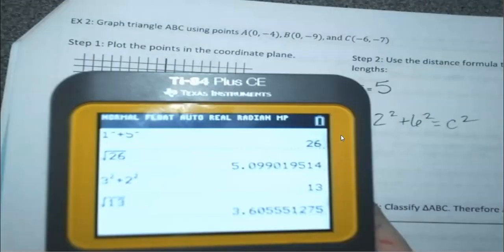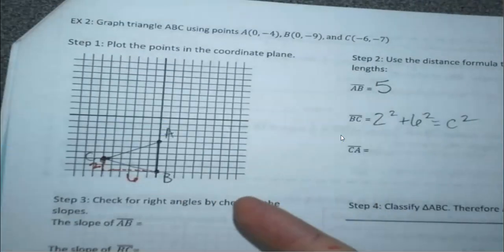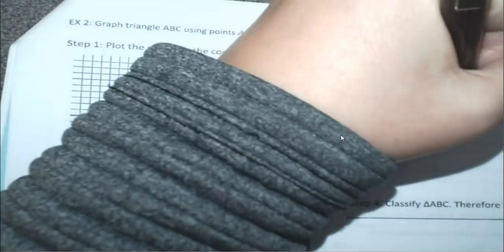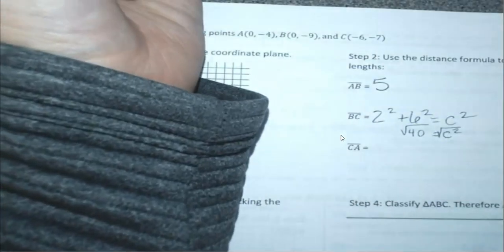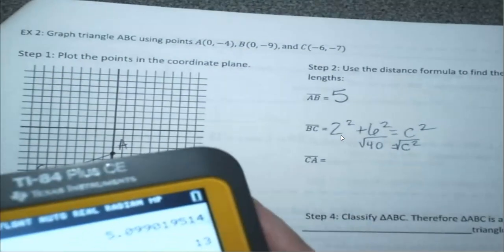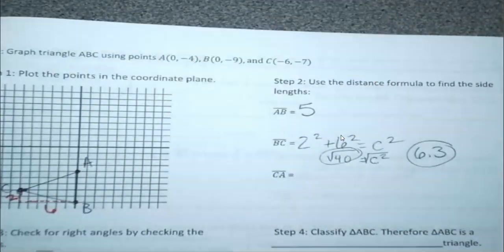We type that in and we get 40. So c squared equals 40. We take the square root of both sides and you get 6.3. All right, cool.